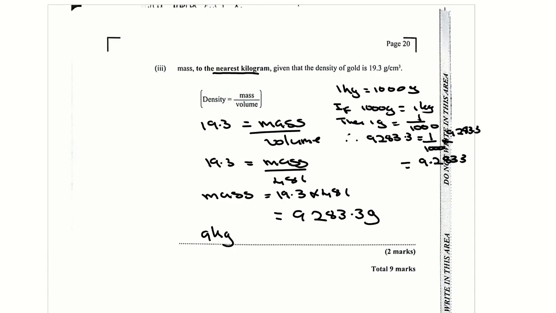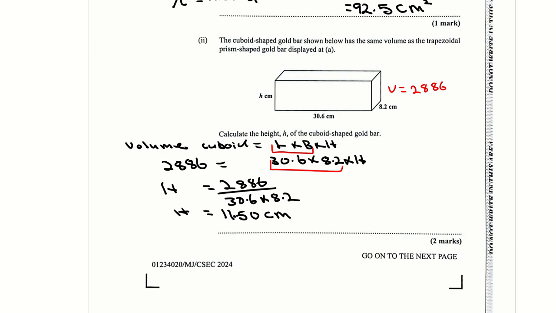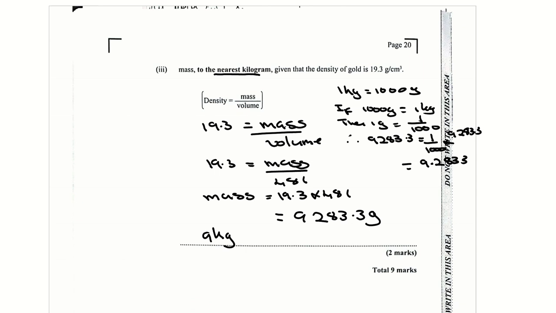Right, one more question. They give you the formula. Calculate the mass to the nearest kilogram. This is something that we have to remember. So mass to the nearest kilogram, right?